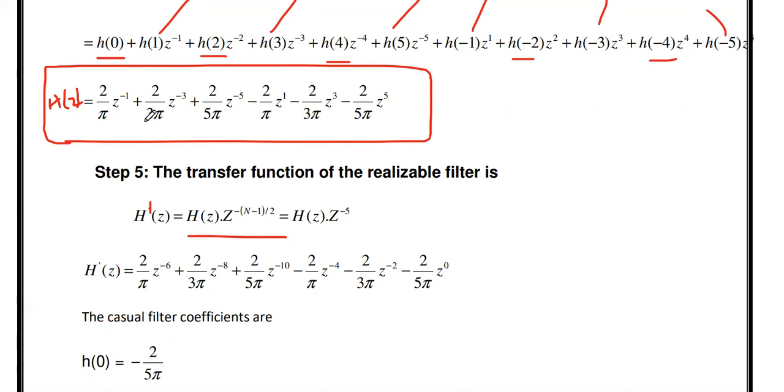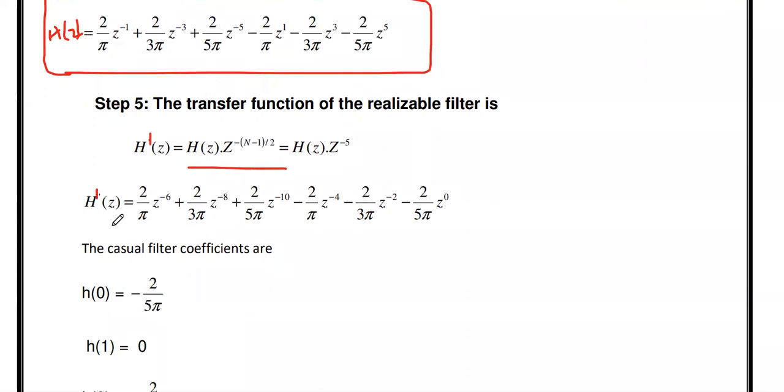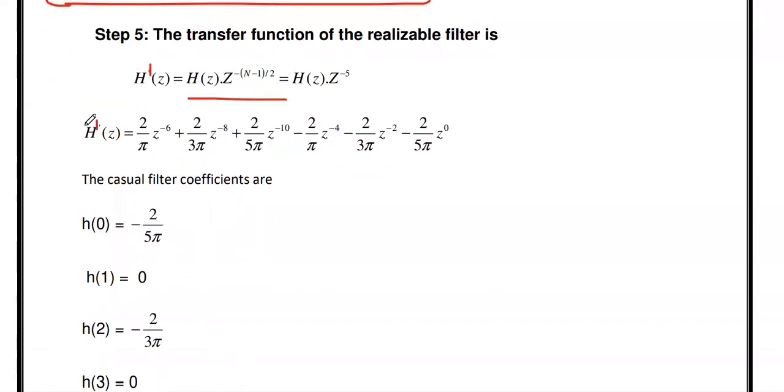Okay, so if you multiply each term with z power minus 5, we can get h dash of z is equal to 2 by pi z power minus 6 plus 2 by 3 pi z power minus 8 plus 2 by 5 pi z power minus 10. Similarly, multiply all three terms, we can get this one. Okay, so this is the physically realizable filter transfer function.